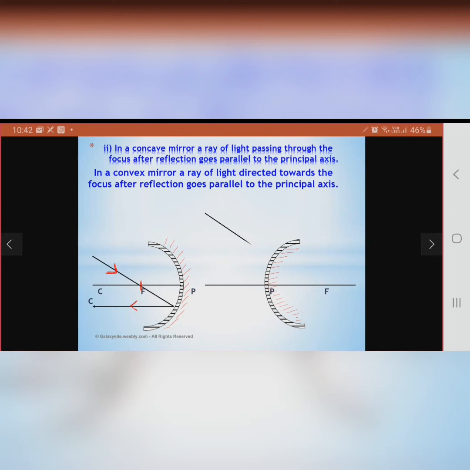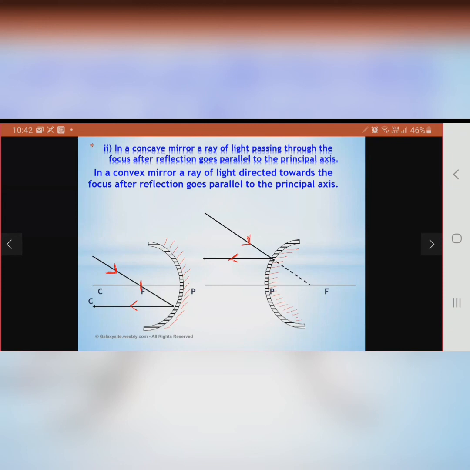Any ray which is incident towards the focus is not actually passing through the focus. Any ray which is incident towards the focus of the mirror becomes parallel to the principal axis after reflection. So are both the rules for both the mirrors clear or not? Yes, ma'am, it's clear.